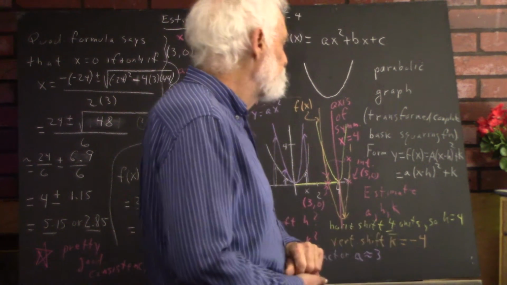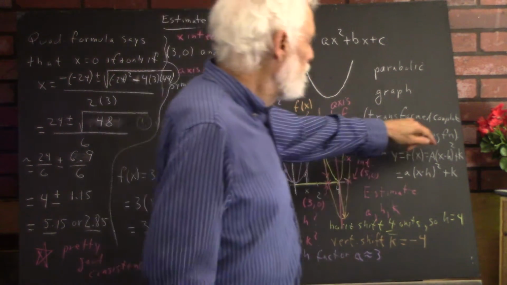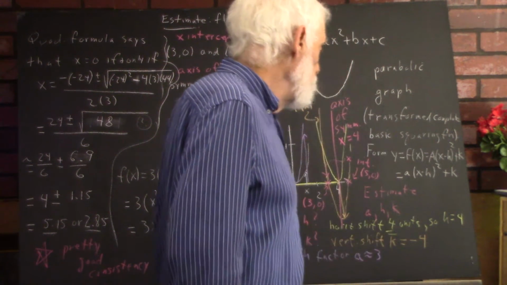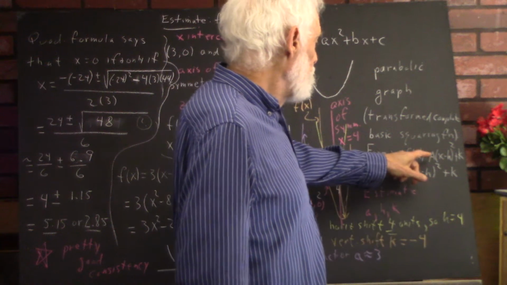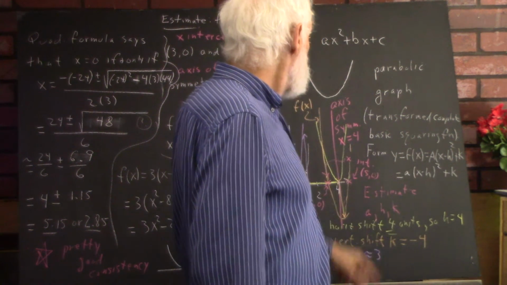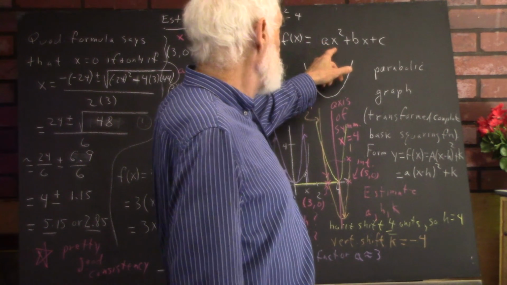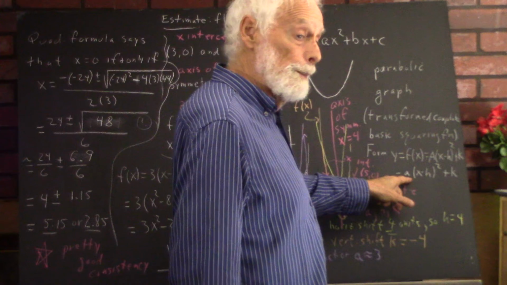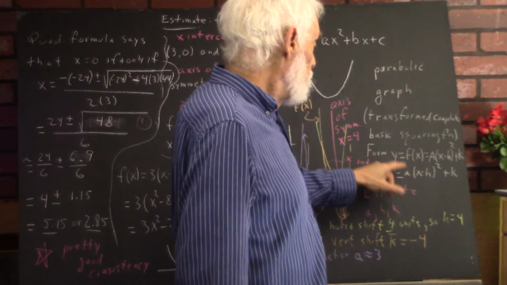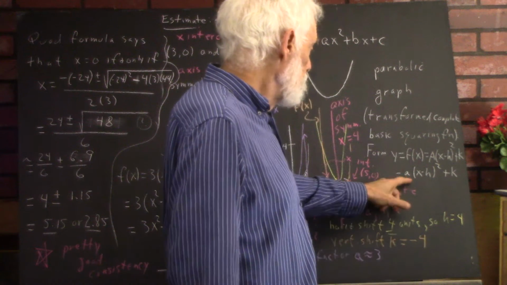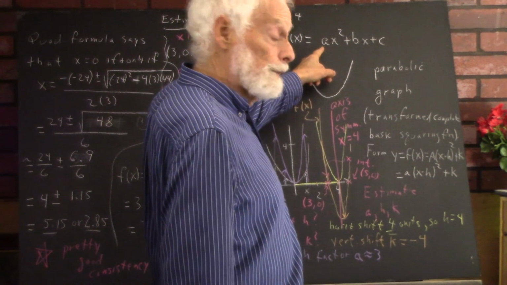And if we expand the x minus h, we get an x squared there. It's the only x squared in the equation. So that we have capital A times x squared. But of course our function is little a times x squared, so in this case capital A is the same as little a. So the form is little a times (x minus h) squared plus k, where little a equals this.